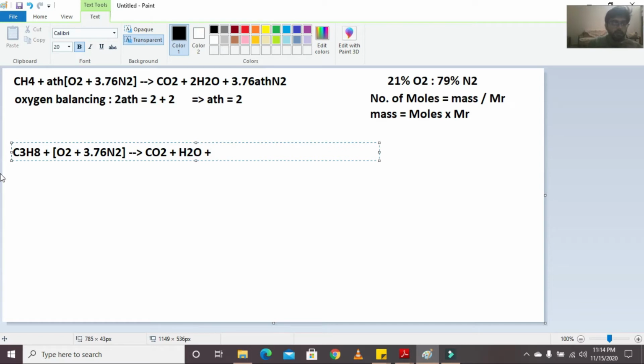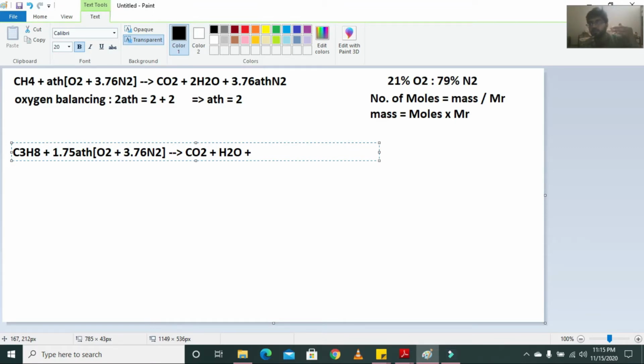Now what needs to be understood here is, for example, if the propane had burned in stoichiometric air, I would have written down the ATH moles of the air. But here, as it is mentioned that the propane has been burned with 75% excess air, instead of just writing the ATH, I will write 1.75 times ATH.